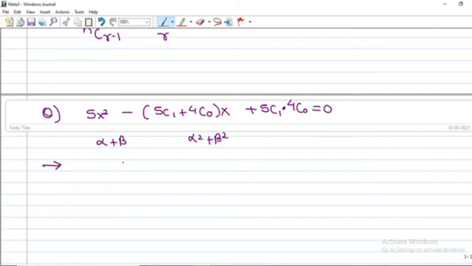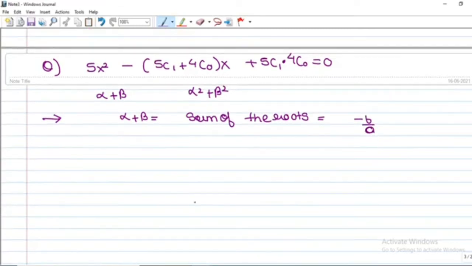If you carefully observe, alpha plus beta is nothing but the sum of the roots. And we know that in a quadratic equation, the sum of the roots is given by minus b by a.